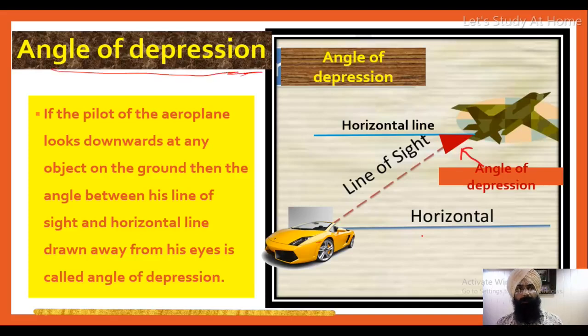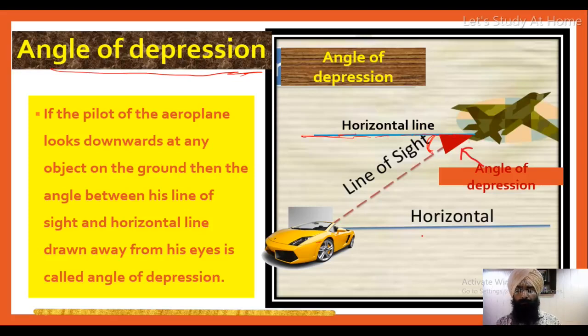Okay, when we are observing the aeroplane, that is called angle of elevation. When the pilot of the aeroplane is observing something on the ground, means he is looking down, the angle between the horizontal line, which is parallel to the earth from his eyes, this is the horizontal line.